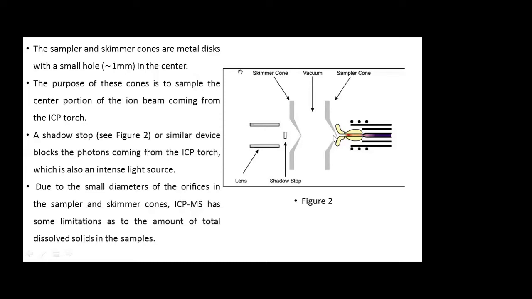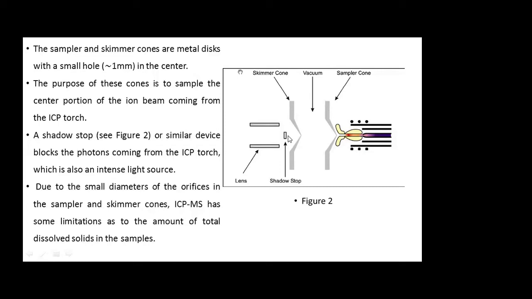The purpose of these cones is to sample the center portion of the ion beam coming from the ICP torch. So only the center portion of the ion beam is sampled here, and this is very important so that a concentrated amount of ions enter the mass spectrometer.